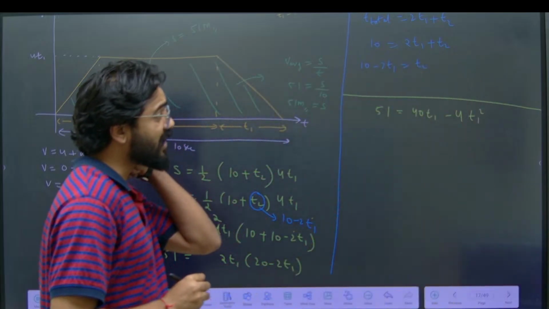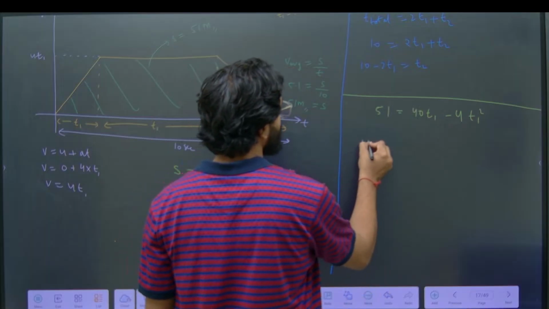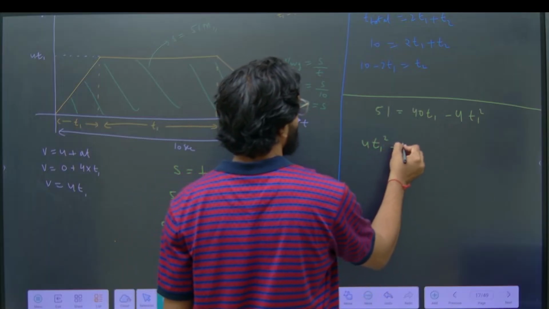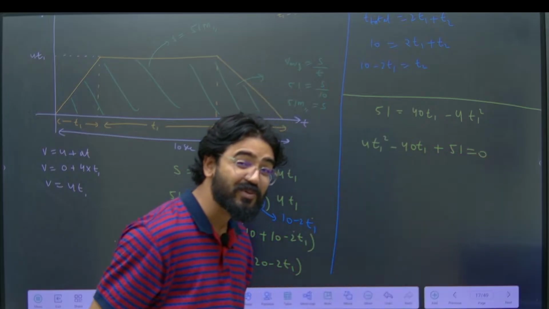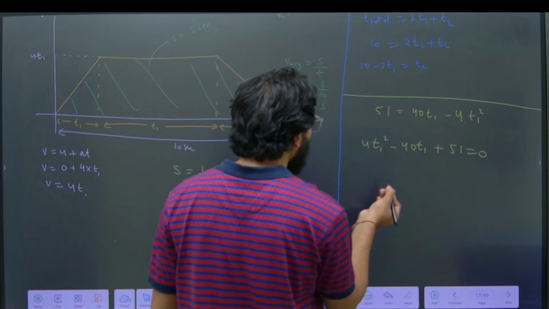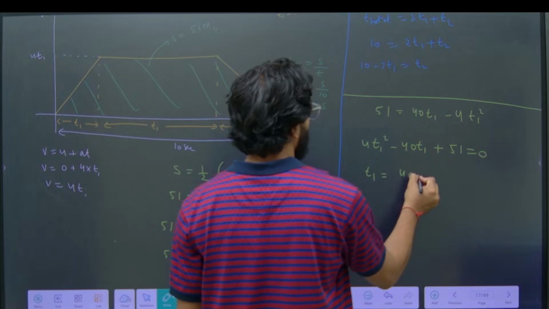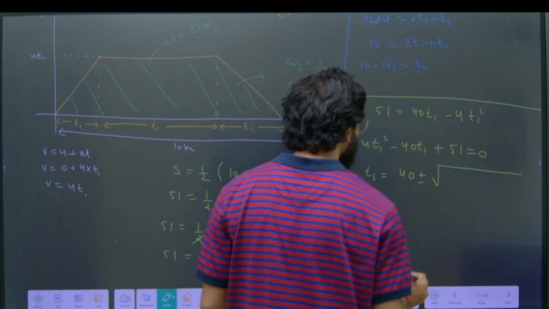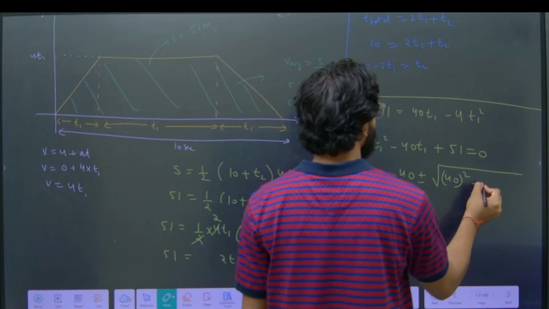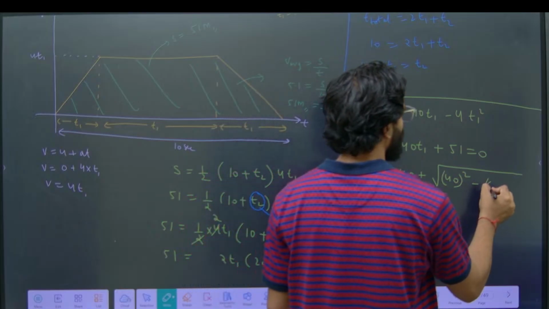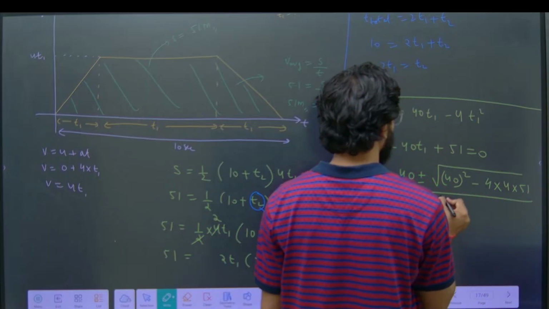They are asking us to calculate by using the Sridharacharya method. So 4T1 square minus 40T1 plus 51 equals 0. We know the Sridharacharya method. So T1 will be minus of minus 40, so 40 plus minus the root of 40 squared minus 4AC, upon 2A.